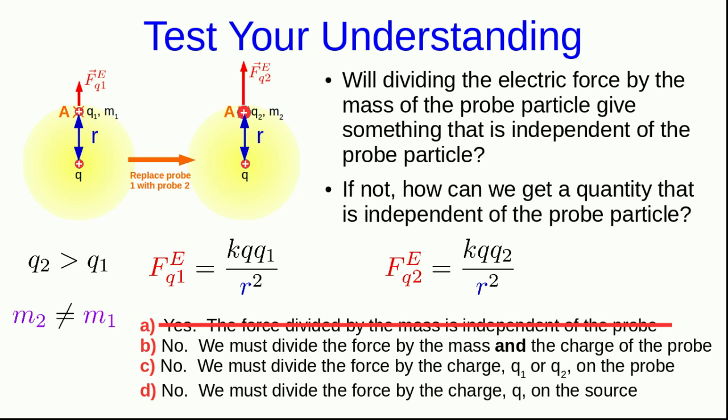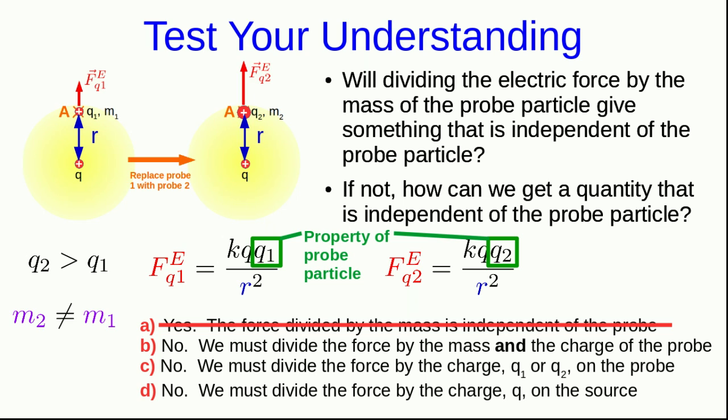In both cases, when we divide either of these force vectors by any of these charges or masses, we will get a vector that points up, because dividing by a positive scalar won't change the direction. And so we just want them to come out with the same magnitudes. Well, what is the part of the expression for the force that depends on the probe charge?